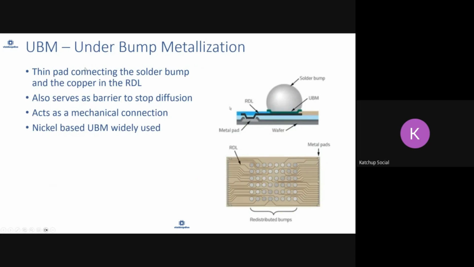UBM, under bump metallization, is a thin pad connecting the solder bump and the copper in the redistribution layer. It also serves as a barrier to stop diffusion, and it acts as a mechanical connection. Usually nickel based UBM is widely used. So this is your redistribution bumps which I'm talking about.